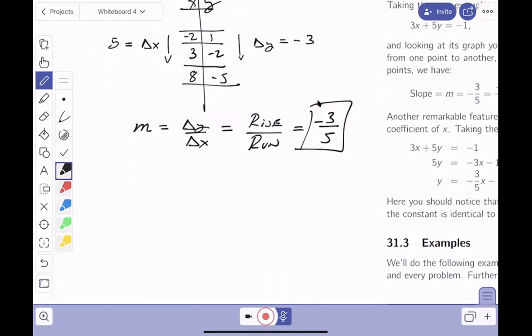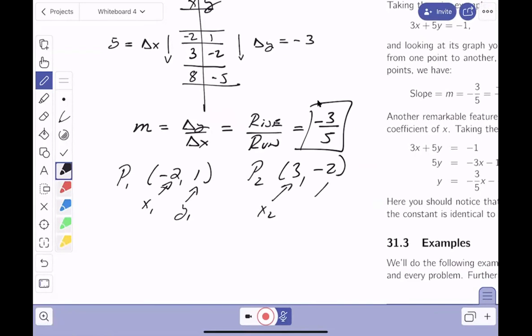When I write the formula down, I write down P1. That's minus 2, comma 1. That's the first point we got, remember? And P2 is the point 3, minus 2. This is x1. This is y1. This is x2. This is y2. What's m? I'll write the formula down for you.